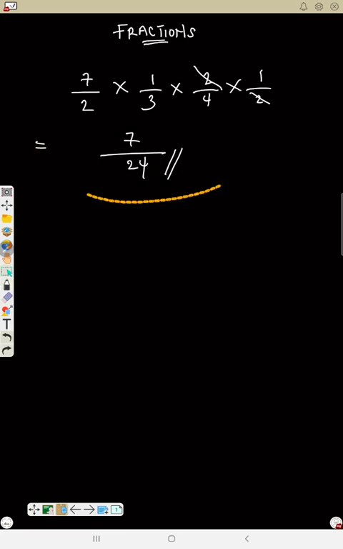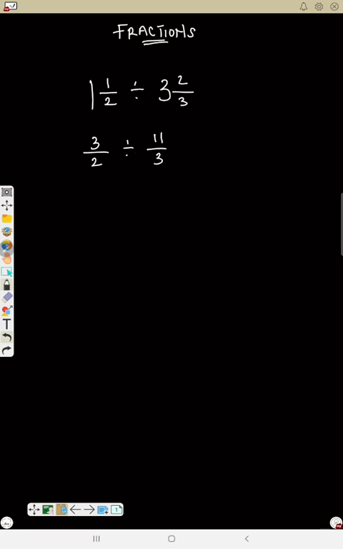Now let's say division. We are going to say 1 whole number 1 over 2 divided by 3 whole number 2 over 3. Change everything to improper first. 1 times 2 is 2, plus 1 is 3 over 2, divided by 3 times 3 is 9, plus 2 is 11 over 3.